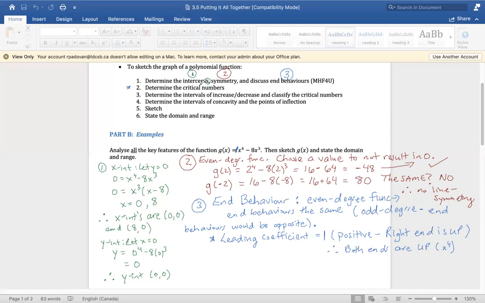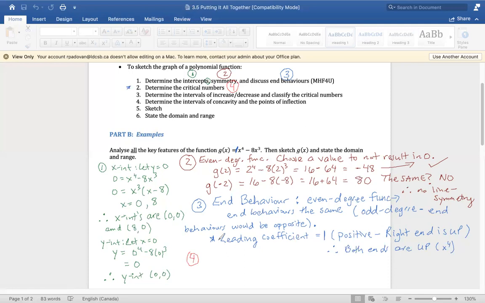So let's determine our critical numbers. This will be step 4, finding our critical numbers. Our critical numbers have to do with the first derivative.